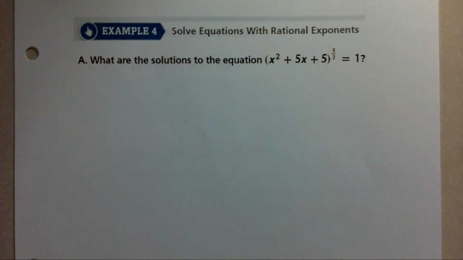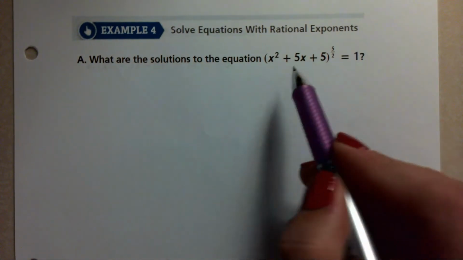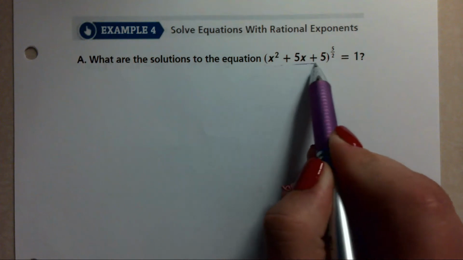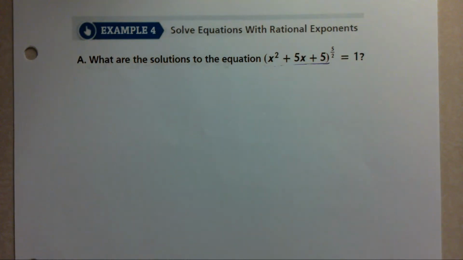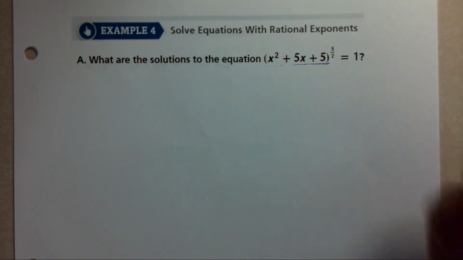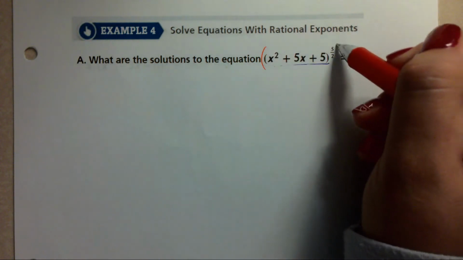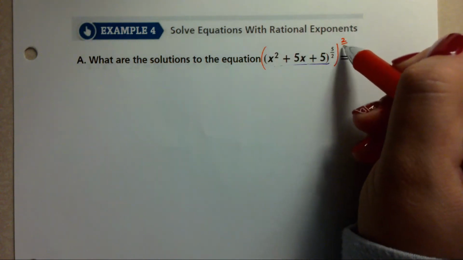In this case, that's already done for us because this entire trinomial is being raised to the power of 5/2. So our next step is to get rid of that power of 5/2. What we do is raise both sides of this equation to the reciprocal power.